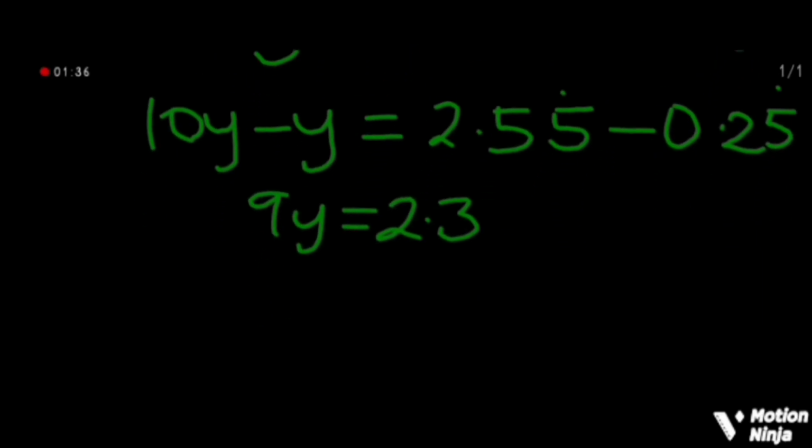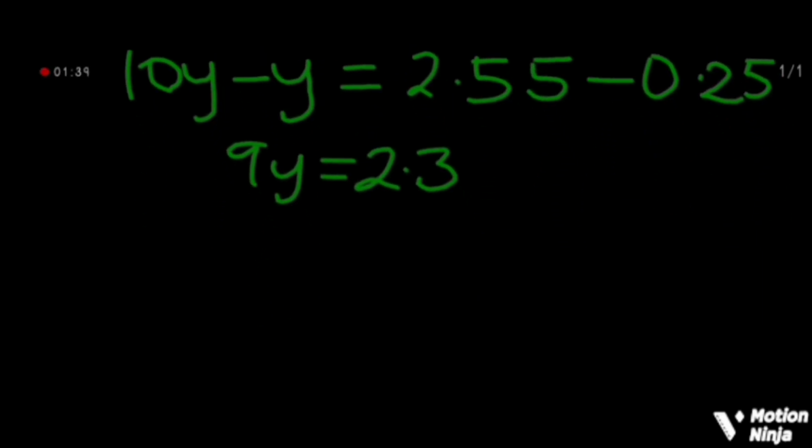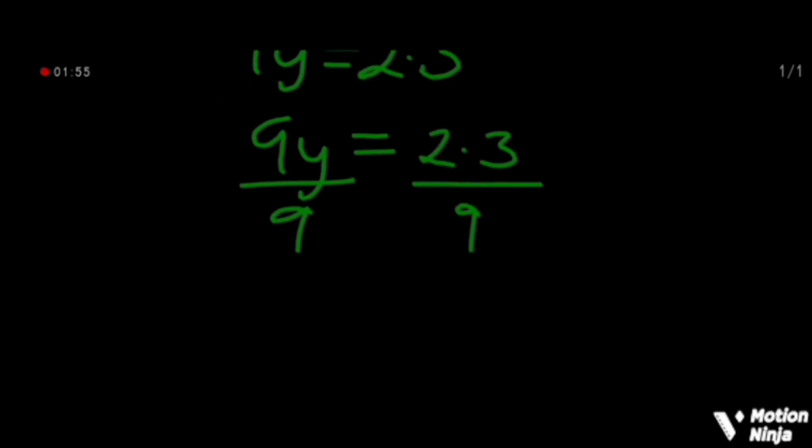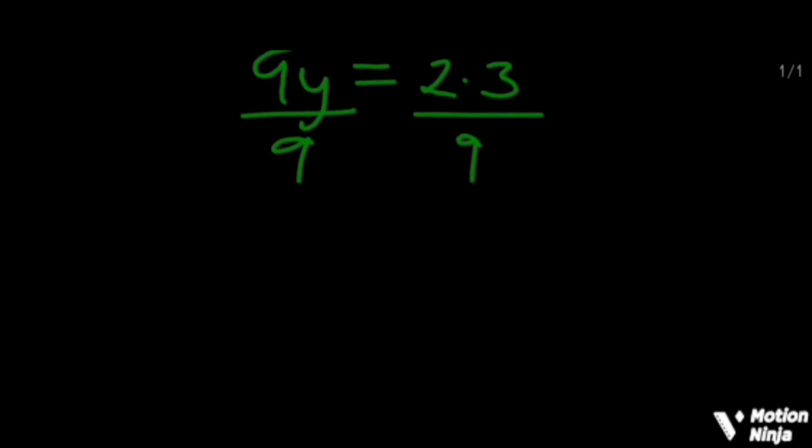Next step is to find the value of y. Finding y, we have to divide by 9 on both sides. So here we have 9y equals 2.3. Divide by 9, divide by 9. The result will be y equals 2.3 over 9.